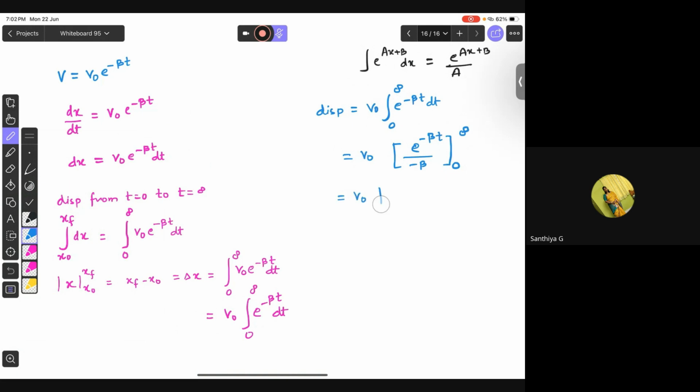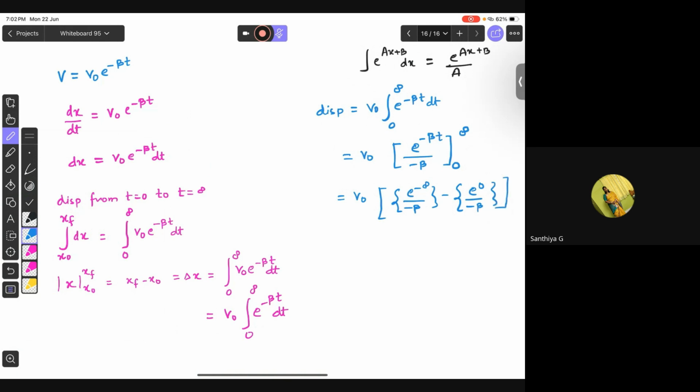I will use the upper limit first. That will give e power minus infinity by minus beta, which is 0. Lower limit will be e power 0 by minus beta.